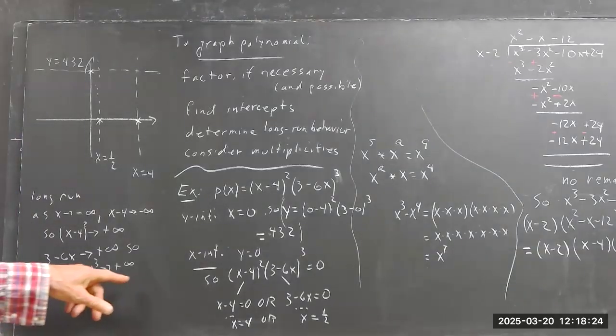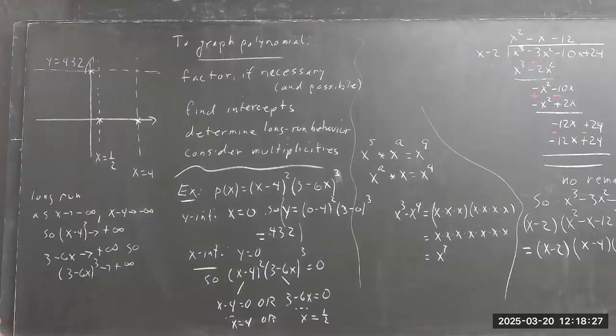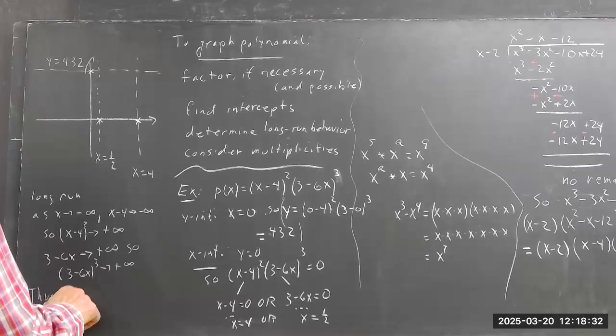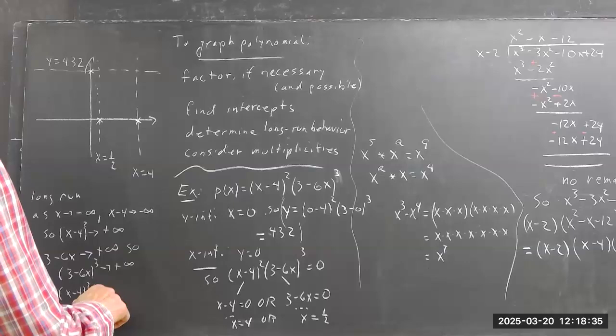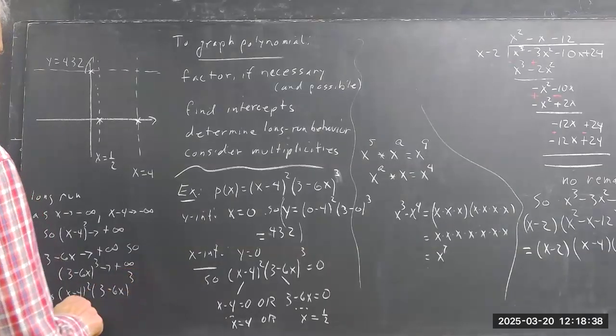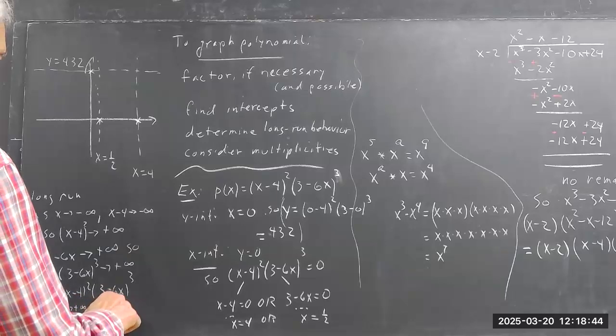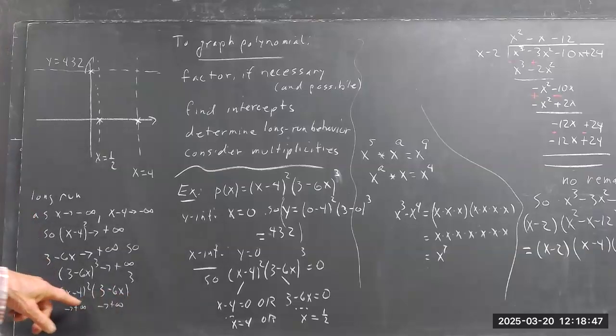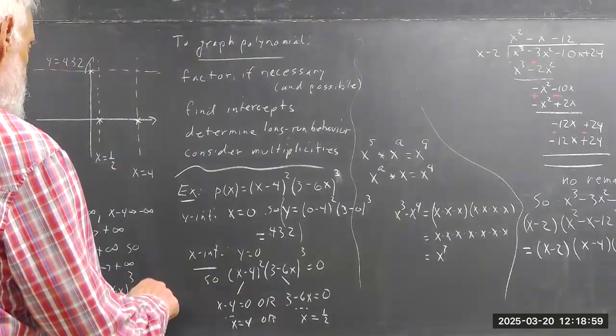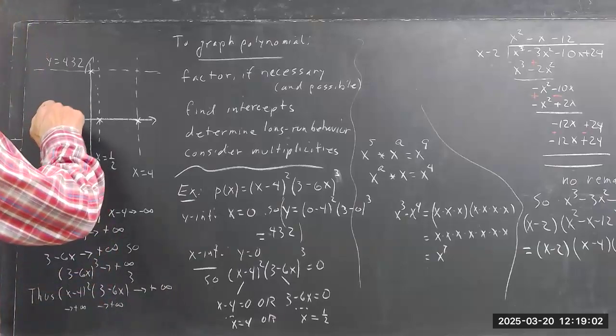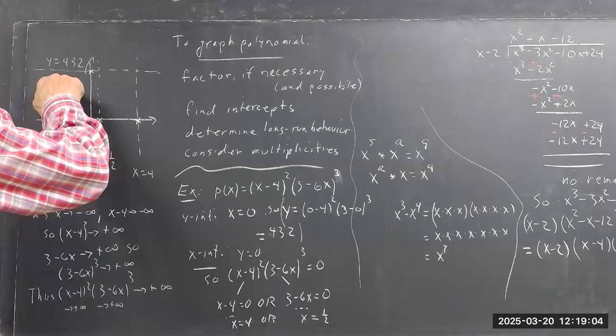So 3 minus 6x cubed goes to plus infinity. So the product, x minus 4 squared times 3 minus 6x cubed, is a product of two things that both go to plus infinity, so it goes to plus infinity. So we have this behavior over here.